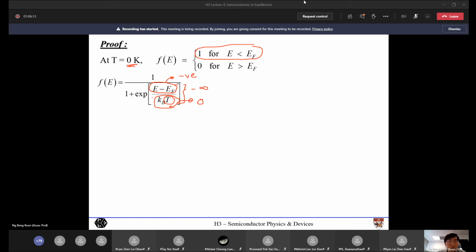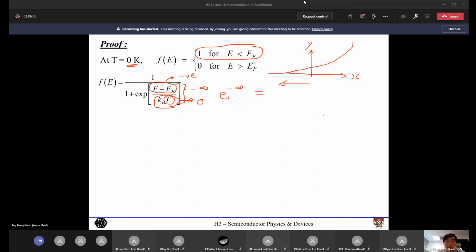So if the term within your exponential function is negative infinity, if you take the exponential of negative infinity, what do you get? Anyone? How does the exponential curve look like? 0, yes. If you draw the exponential curve, it looks something like that, and if you go to negative infinity, which is to the left, the curve tends to 0.